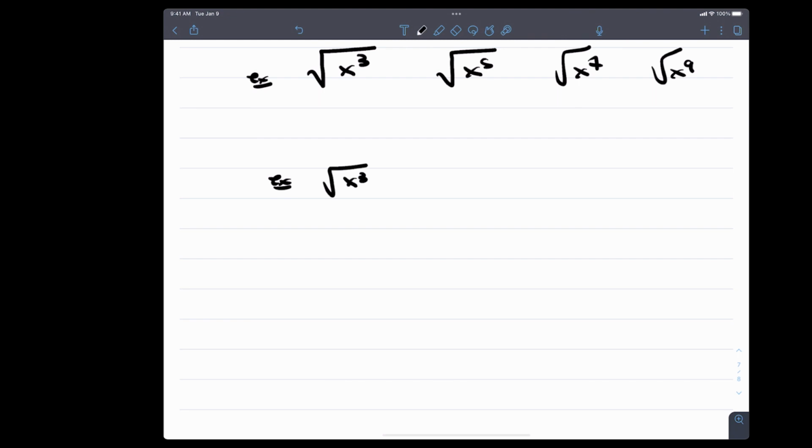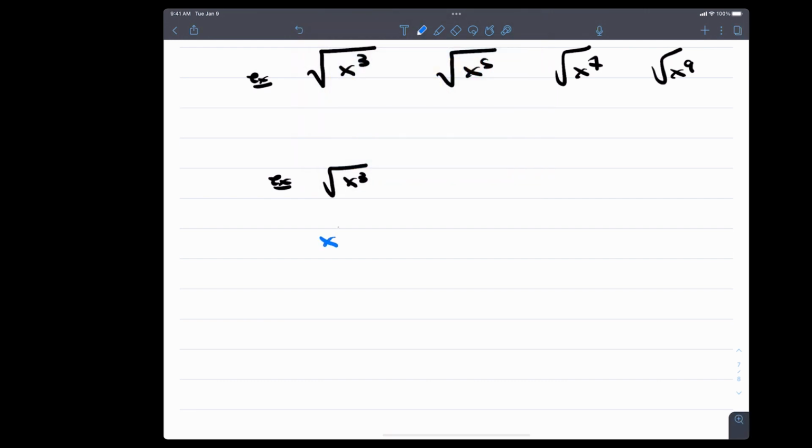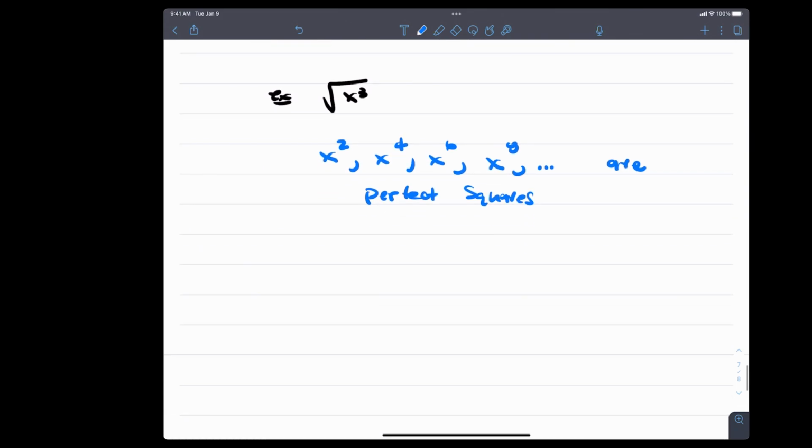First of all, if you have a variable, what kind of power do you need to have to evaluate? You guys remember? You had x squared, x to the fourth, x to the sixth, x to the eighth. That lists forever. These are what? Yeah, even powers, but they are perfect what? Perfect squares, right? Okay, so you go, how did I know?